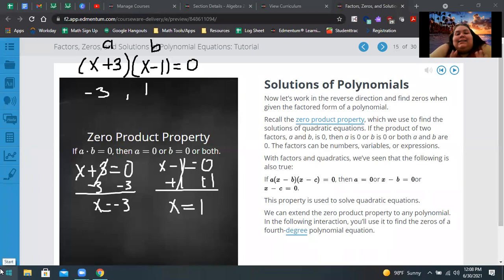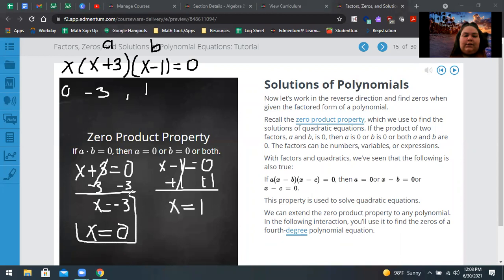So keep in mind, it's not just down to 2 factors. You might have 3, 4, 5 factors, and you're going to have to do this. Now, what happens if I just have x? Remember, x represented 0. So if I take this factor, x, and set it equal to 0, do you see how it's already solved? That's what we're doing.